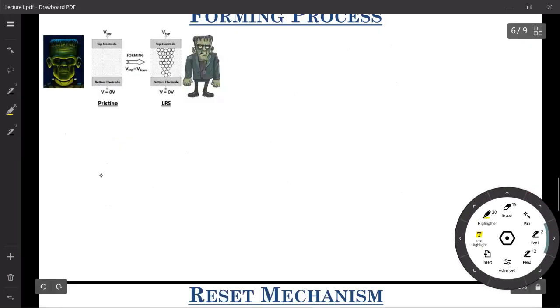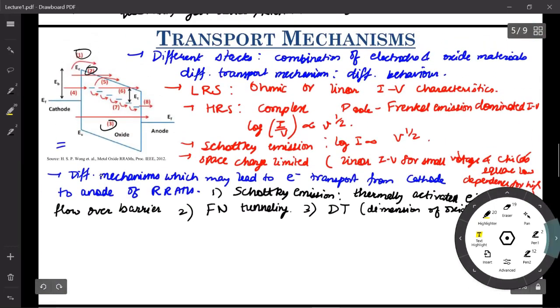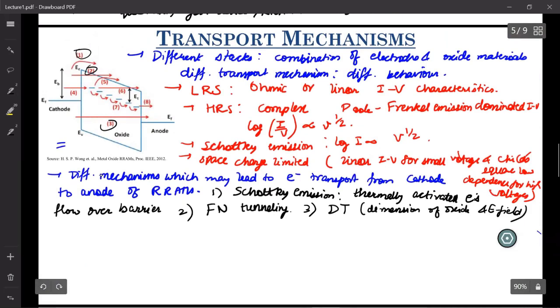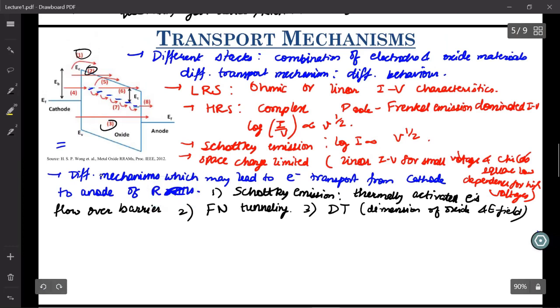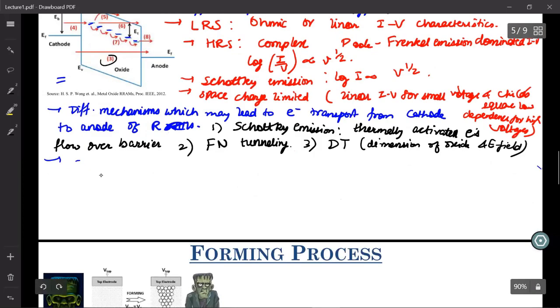Now, you will be able to see different states inside the oxide as well. These are the states inside the oxide, basically indicating the presence of traps. The forming process, as I told you, induces a lot of traps and defects, and these may aid movement of electrons.